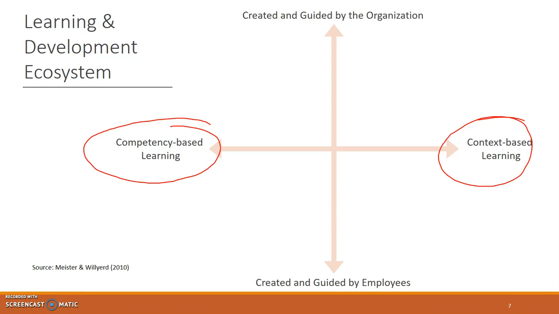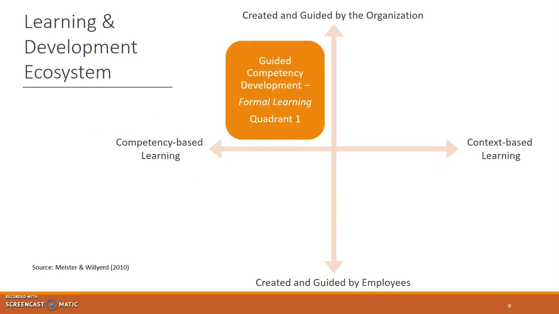So we've got these two axes, these two considerations, as we put together a learning and development program or a training program. They give us four different quadrants, or specific methodologies, that we can use for developing and training our workforce.